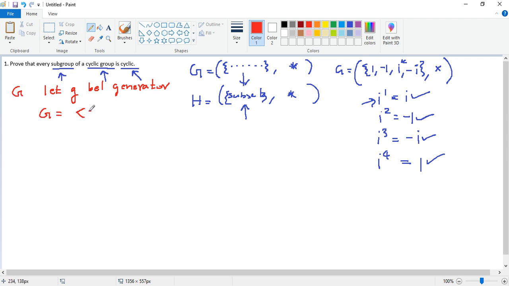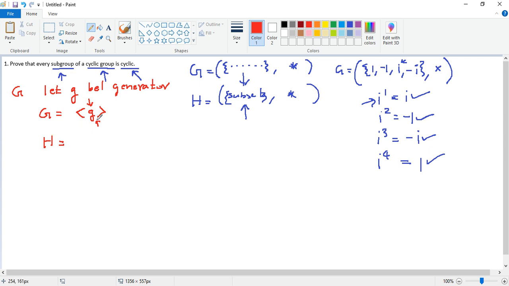So this means G is a cyclic group which is generated by this element g. I mean all the elements in G are generated by this element g. Okay. Now, if that's the case, then if I take H as a subgroup of G, it is a subset, right? So all the elements in H will also be some power of g, right?